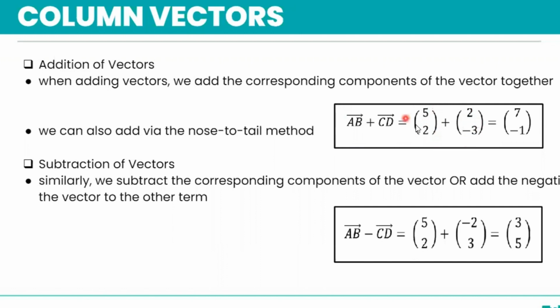The first thing I would do is add my horizontal components. So that's 5 and 2, which gives me 7. And then I can add my vertical components. So that's 2 add negative 3, and this is going to give me negative 1. So my answer is (7, negative 1), and this is the resultant of adding my two vectors.